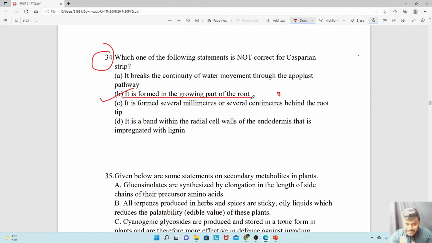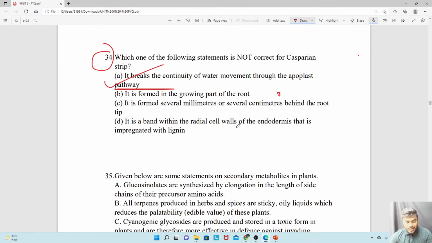Why? It contains suberin, it never allows the movement of water molecules. So don't think that the Casparian strip is a very long strip. It's a very small strip. So C is right. Option D is also right. Sorry, option B is wrong. Option C and option D are right. It breaks the continuity of water movement through the apoplast. That is the right statement only.